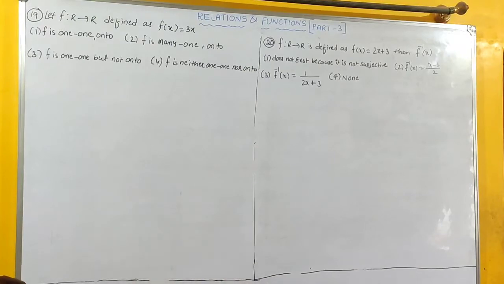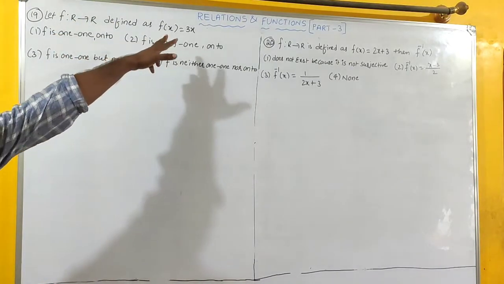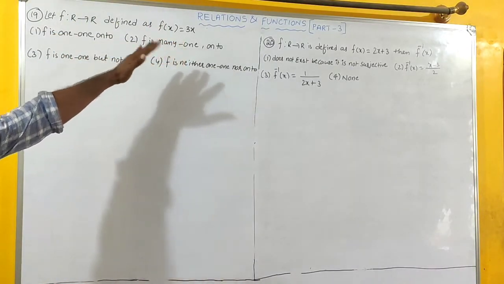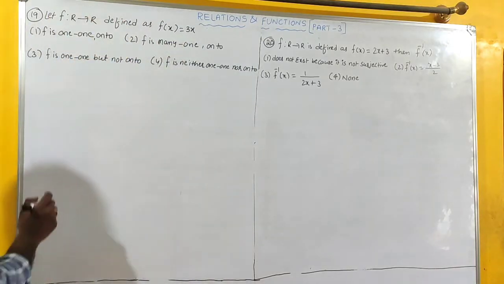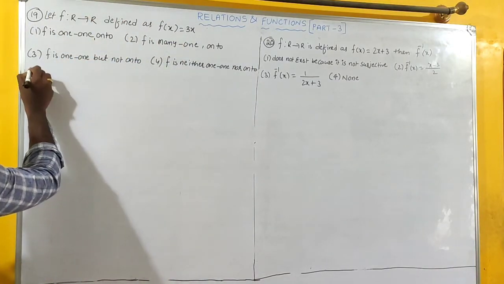Next, the 19th question. f maps R to R and is defined as f(x) = 3x. We need to check whether it is 1-1, onto, or both.